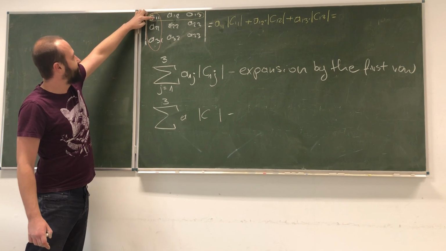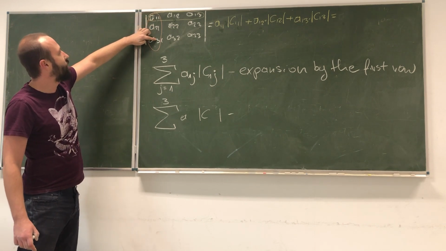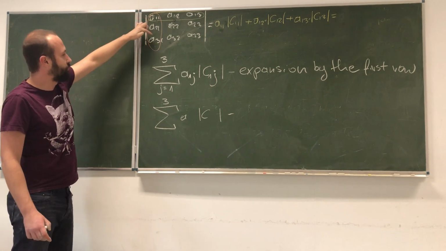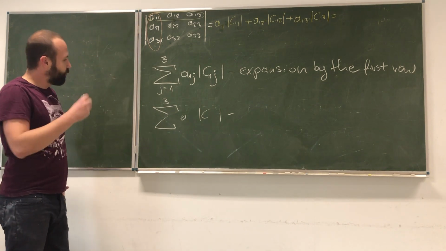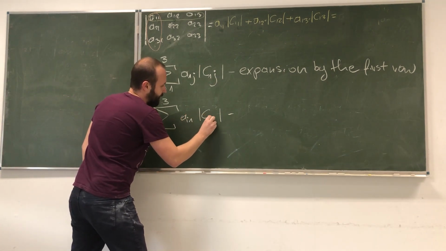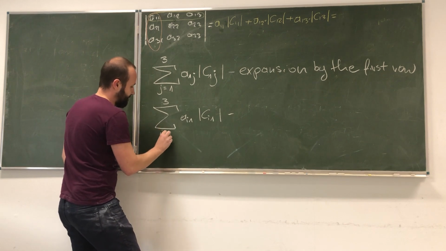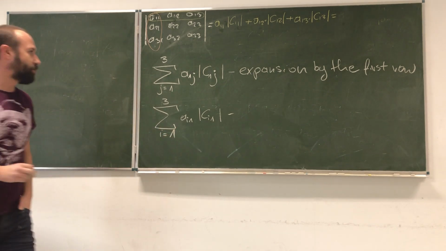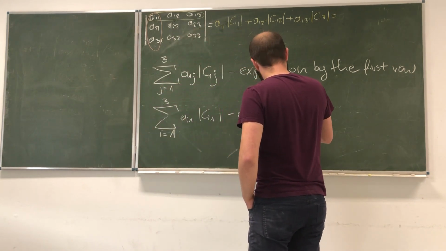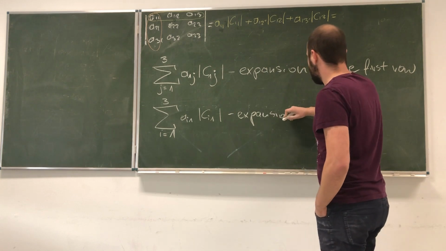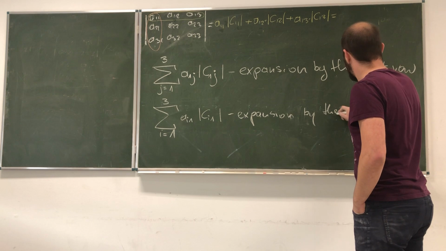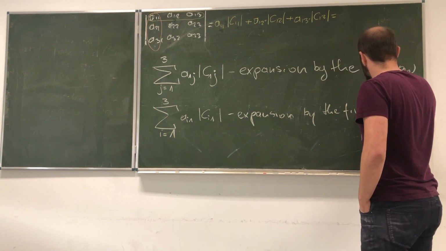Now we are changing the location in the column, but we are changing the location through rows. So now we would have I1, I equals 1. And this one we could call expansion by the first column.